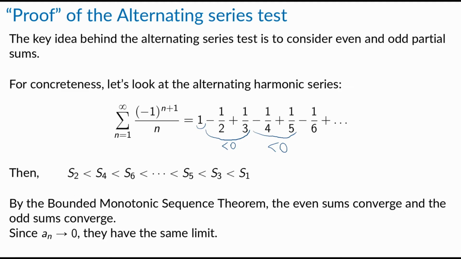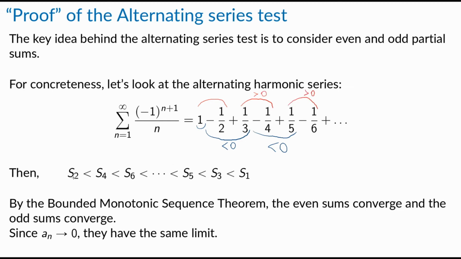But on the other hand, if I do even sums, here I have 1 minus a half, that's S2, and then here I have plus a third minus a quarter, so that's bigger than 0. And then a fifth minus a sixth, that's bigger than 0.